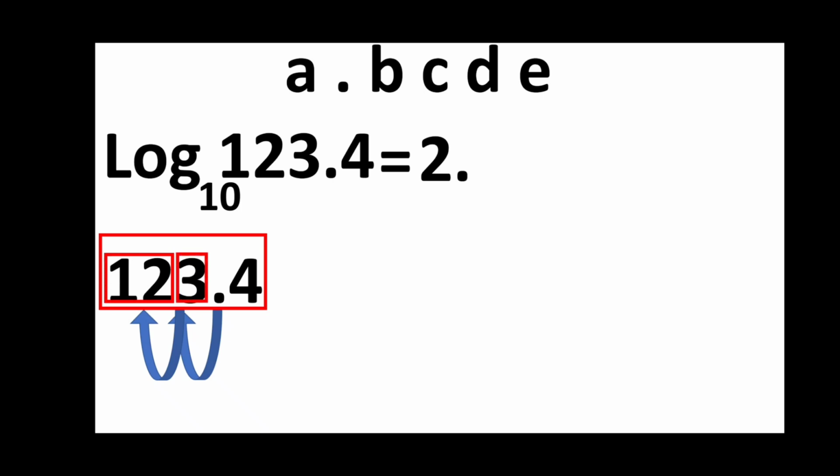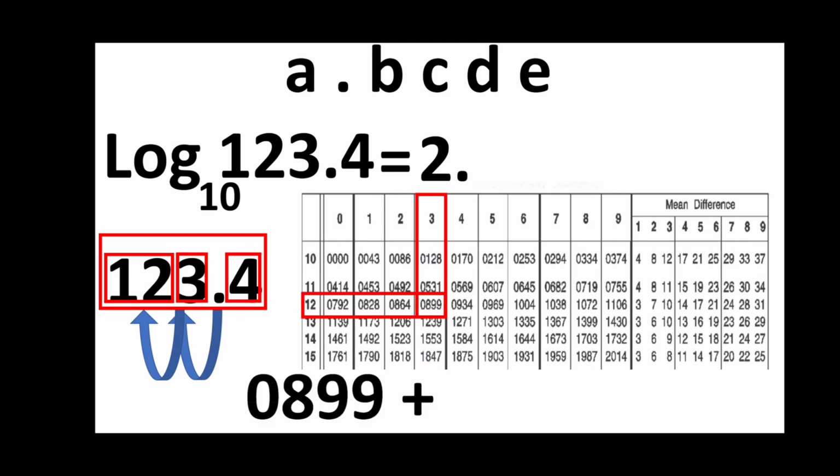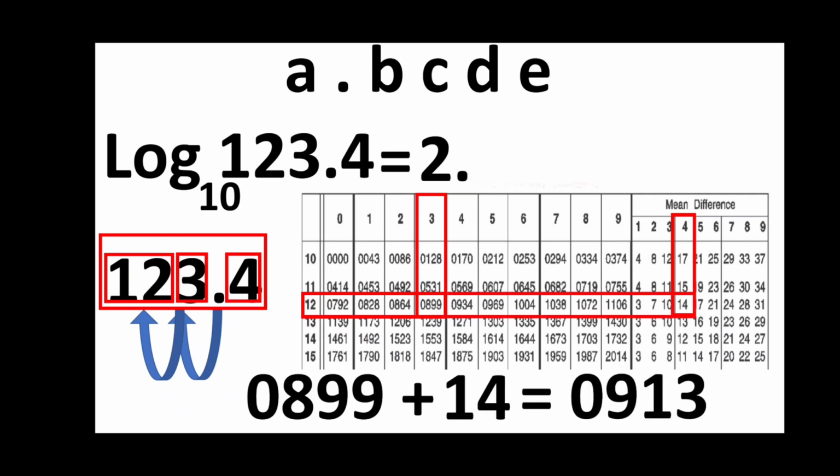Row 12 and column 3 give the value 0899, and row 12 and column 4 in mean difference gives the value 14. Adding these numbers, we get 0913, which is the mantissa. So, the answer for this question is 2.0913.